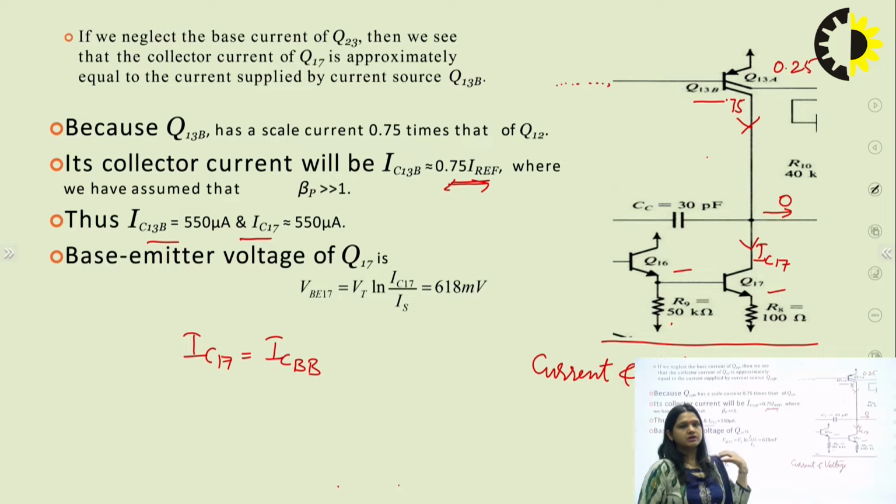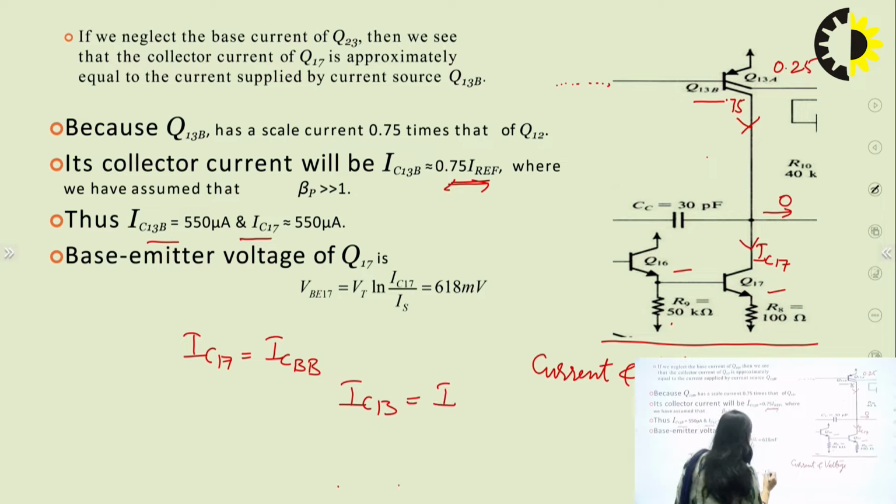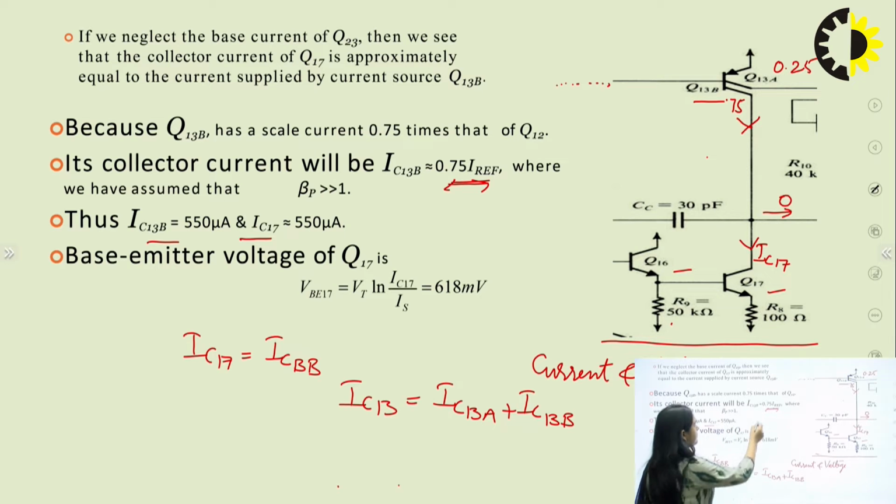So overall IC13 is equal to IC13A plus IC13B. By multiplying I reference with 0.75, we get 550 microampere. So this is the value of the current IC17.